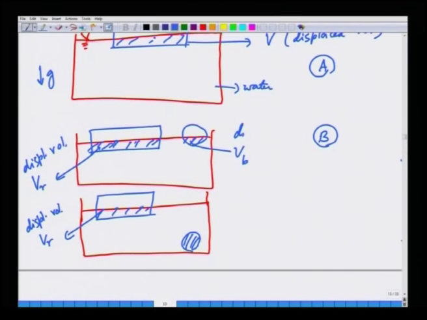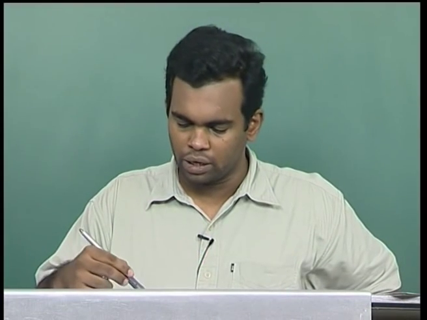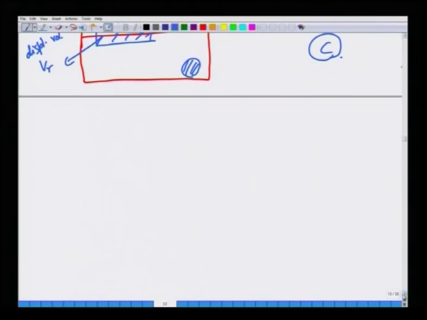So, this is the displaced volume of the barrel. Okay. Let us call this case C. Now, in comparison of these three cases, what is the level of water in case B and case C with respect to the level of water in the swimming pool in case A? That is a question that we are going to answer by using the Archimedes principle.